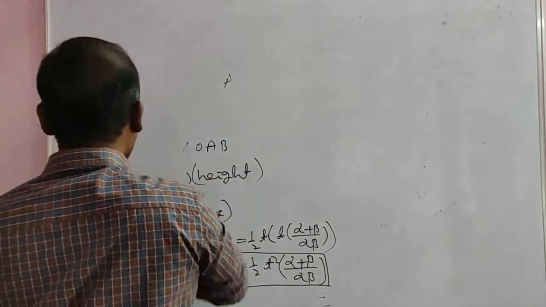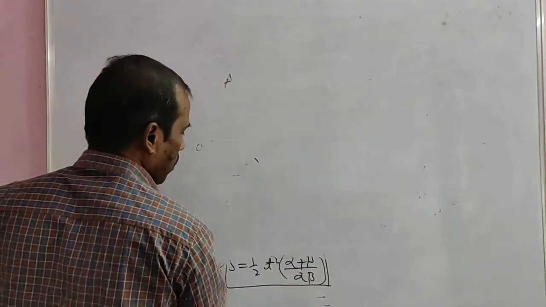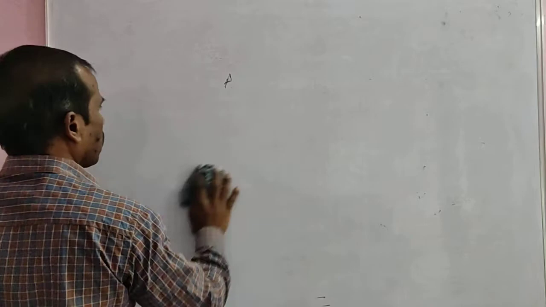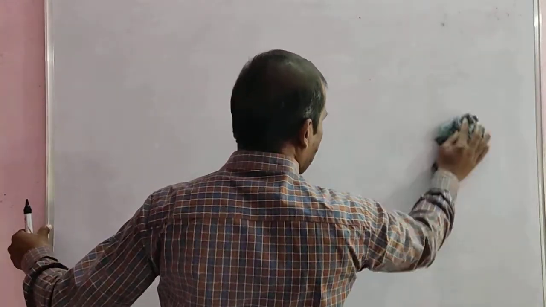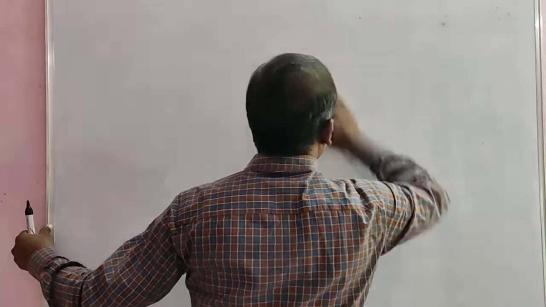The velocity of the bus, for example the body or bus moving along the straight line with constant acceleration alpha, time taken, for example t1.